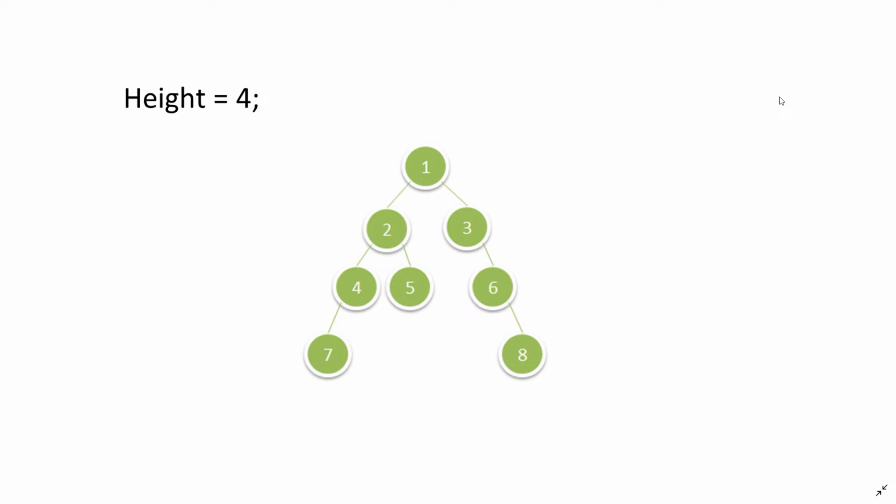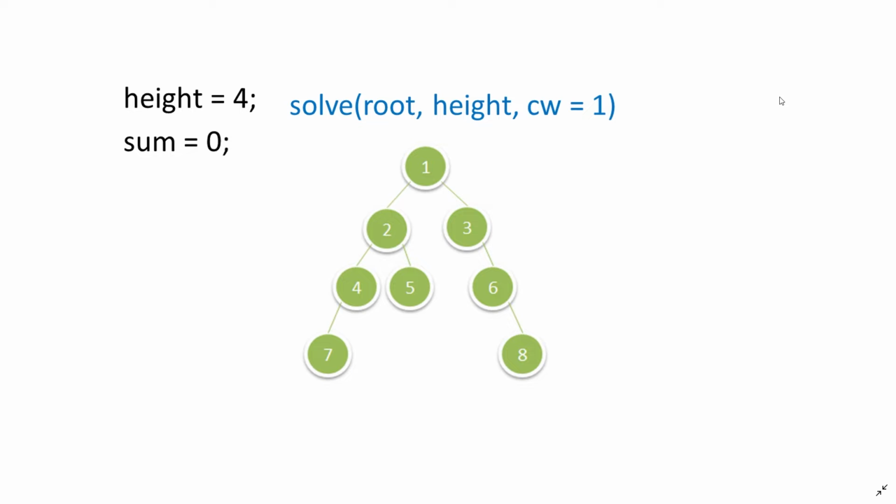What we are going to do next is initialize a global variable and assign it the value 0, so it will be our answer. As we traverse the tree recursively, we are going to update this variable. Next, we make our recursive function, which will take the root of the tree, the height, and the CW variable, which just indicates at what level we are.